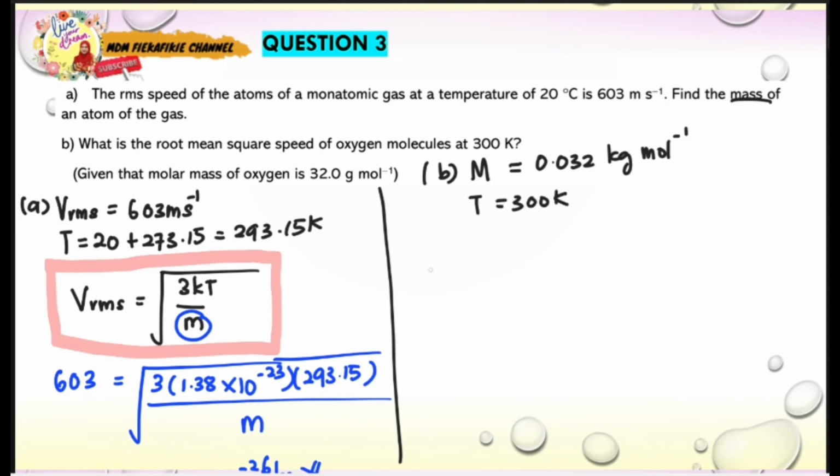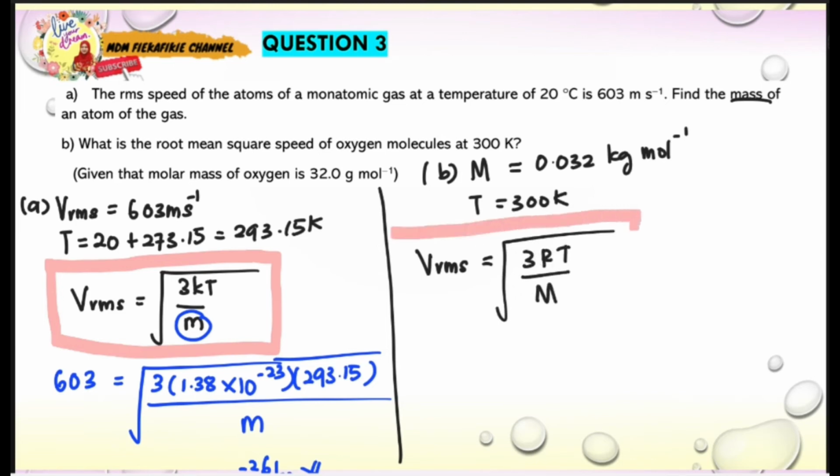So okay, this time I will use equation VRMS. Kita ada dua equation VRMS. Yang pertama tadi, kita ada ini. VRMS square root 3KT over mass, okay, small m. So this time we will use VRMS square root 3RT over capital M. Okay, so this is another equation. Boleh? Okay. So, sama juga, we just substitute all the values. So, kita nak cari VRMS.